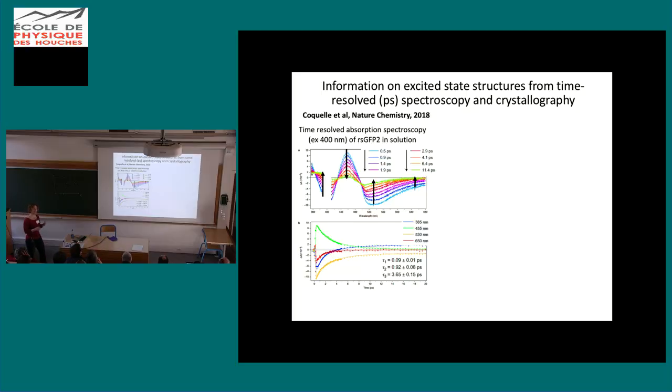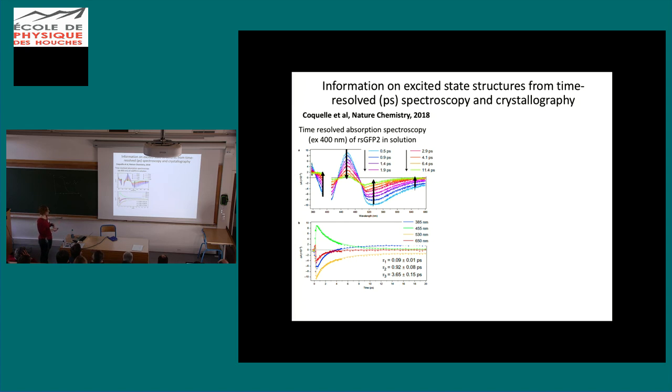First they did time-resolved spectroscopy, looking at the change in bands at very fast timescales. So you see this rapidly goes away, this rapidly goes away, and this is all done in solution. Then they can fit this to get a kinetic model, so they can look at what forms and what goes away.